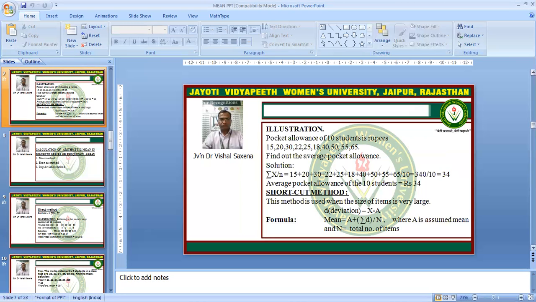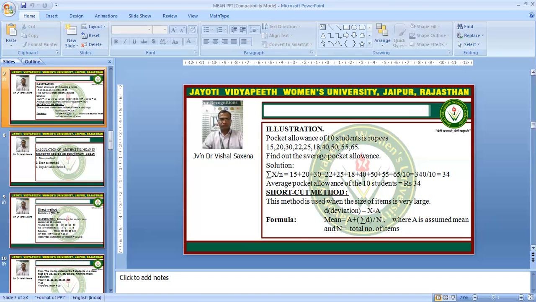The question is to find out the average pocket allowance. This is a question from the individual series, because we are not given frequencies, just the data, and we have 10 data.